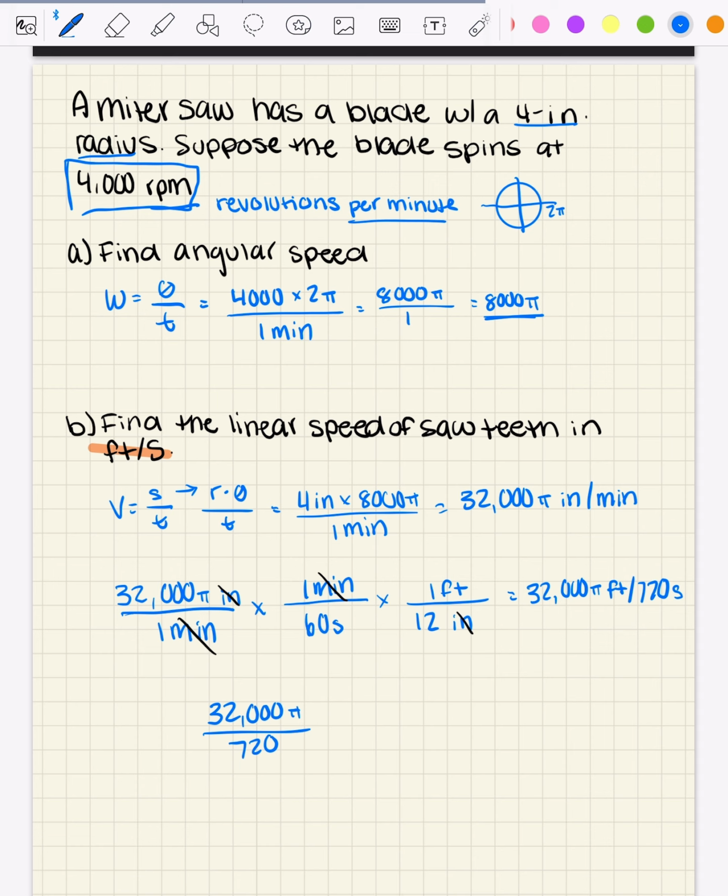Therefore, it's not going to accept a decimal answer. So, sometimes in some versions of these questions, when you divide them, it turns out to be a perfect whole number. In that case, use that whole number. But since 32,000 divided by 720 is not a whole number, it has a repeated decimal, we're just going to leave it as 32,000 pi over 720. And then that would be in feet per second. Sorry. And then that would be the answer.